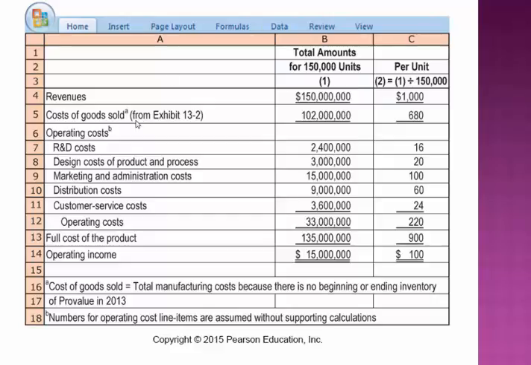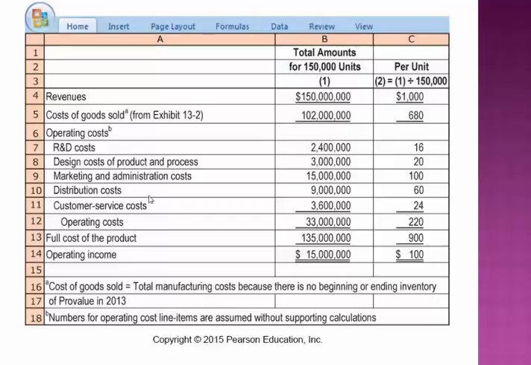The cost of goods sold is stated in the book at $680. Okay, so regardless of what we're selling these for per unit, the cost of goods sold is going to be the same per unit. Alright, so for 150,000 units being sold, with our average price actually working out to $1,000, our cost of goods sold is 150,000 units at the cost of goods sold per unit of $680.